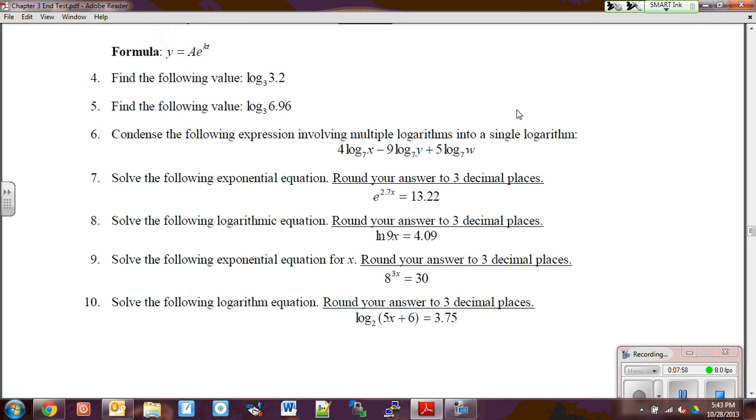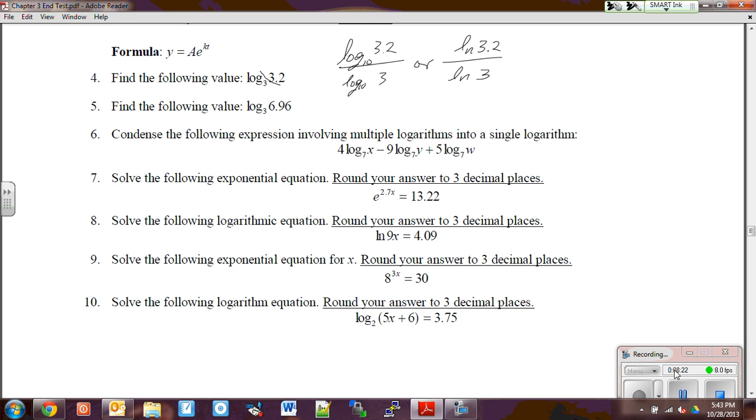Find the following log value. Now, I realize the TI Inspire will do this for you, but what I'd like you to do is actually use change of base. So this will be the log base 10 of 3.2 over the log base 10 of 3. Or you could say the natural log of 3.2 over the natural log of 3.